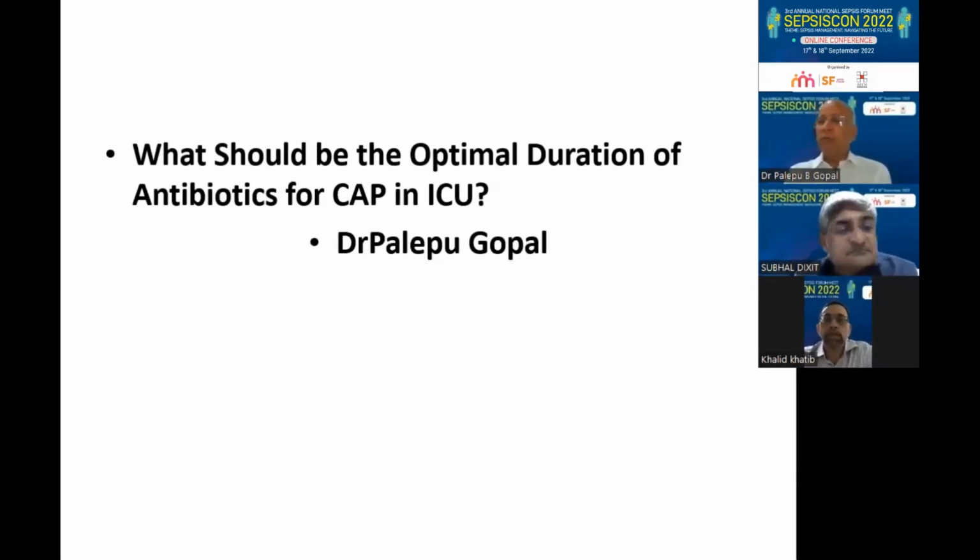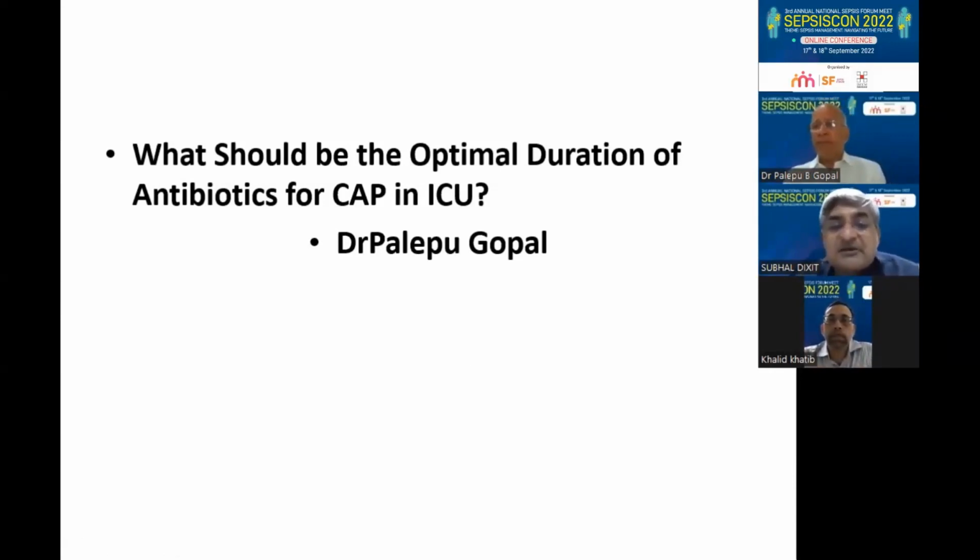If it is a pseudomonal pneumonia, you may extend the therapy up to 14 days. At the same time, if there is structural lung damage along with necrotizing pneumonia and the patient is really sick, you may have to extend it up to 3 weeks. But having said that, the evidence levels of these are weak, and repeatedly there are data coming out saying that the current durations being followed are questionable and further research needs to be done on this.